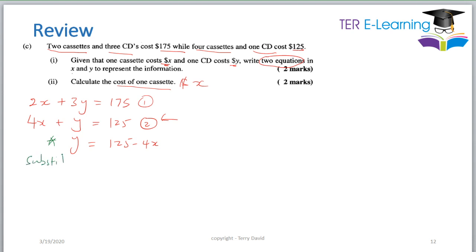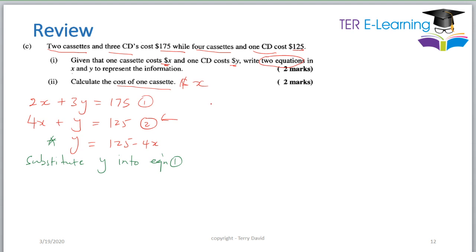So I'm going to substitute Y into equation 1. Alright, that's what I'm going to do. I'm going to substitute Y into equation 1. So if I substitute Y into equation 1, it means that everywhere I see Y, I'm going to put 125 minus 4X.